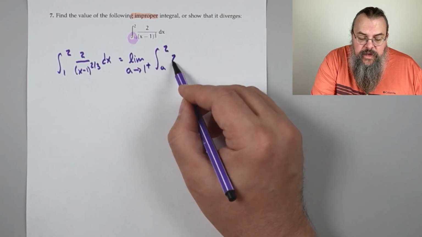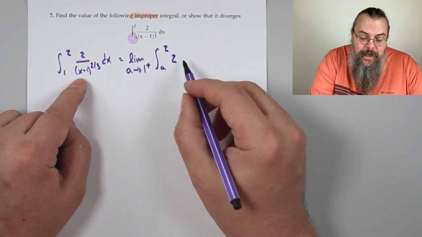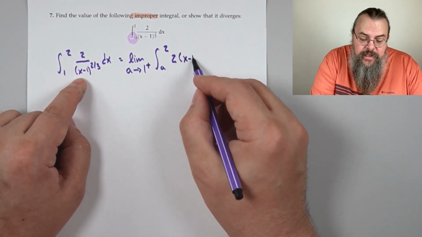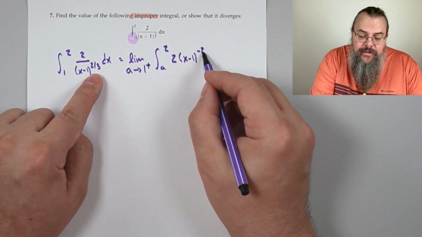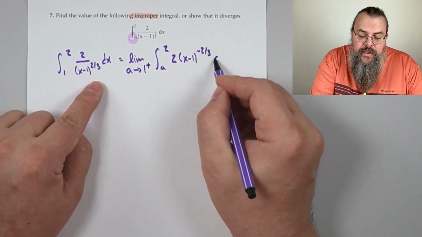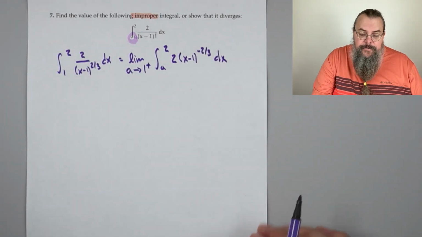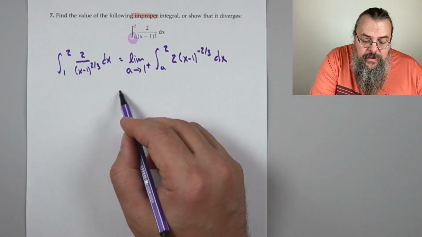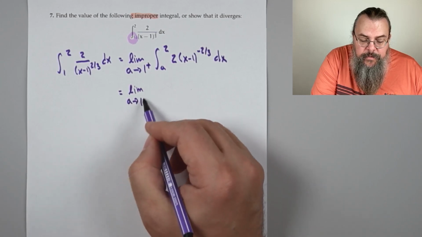And let's rewrite this integral in a calculus-friendly way. Instead of having it to the 2/3 downstairs, write it as to the minus 2/3, because that falls in line with our rules. All right, so we're going to copy our limit down: a approaches 1 from above.